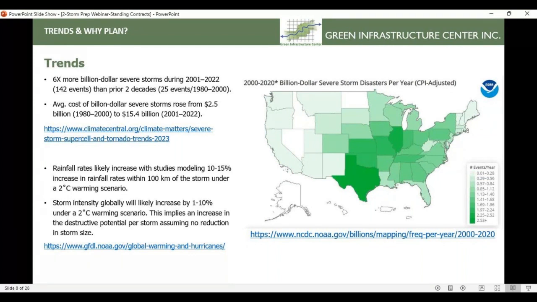So this implies an increase in the destructive potential per storm, assuming no reduction in storm size. So increased precipitation, which can lead to other exacerbating factors such as tree throw or flooding, which causes additional property damage, to even just the increasing intensity of the winds for those particular storms.